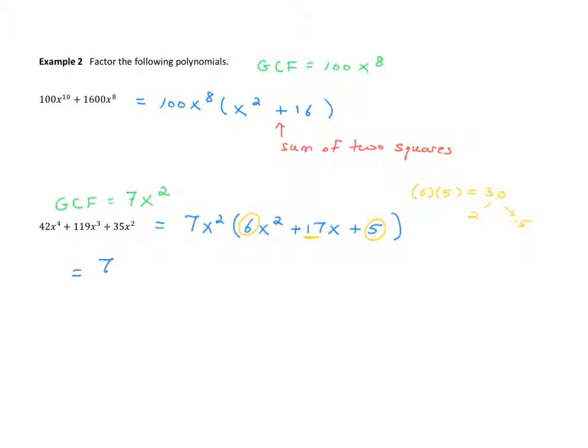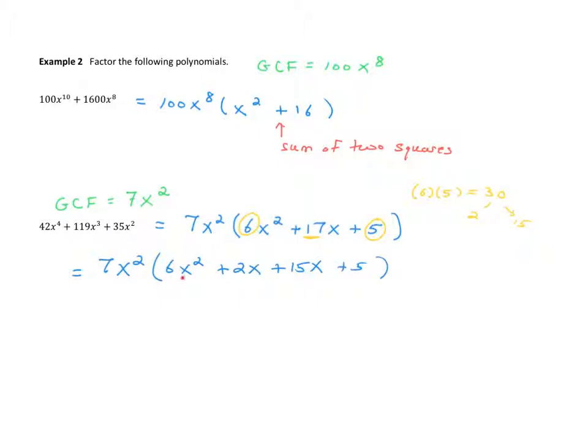There'll be a little bit of work here, but I have 7x squared. I'll copy down the 6x squared, and instead of 17x, I'm going to write it as 2x and 15x. Where that is coming from is these two numbers here. I just put an x after the 2 and the 15 and replaced 17 with this sum. I broke this apart. The last thing to do is copy down the plus 5.